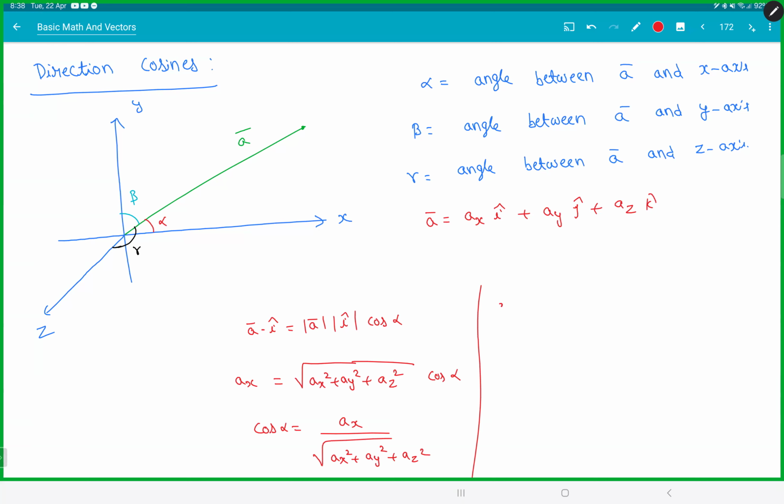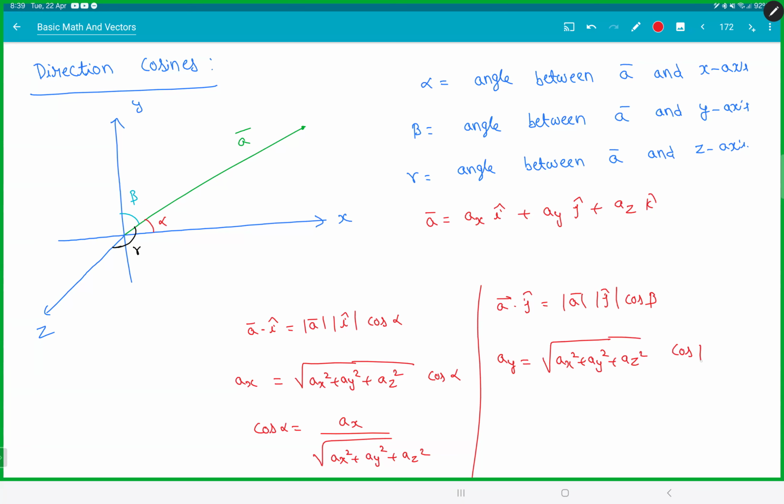Similarly, I can do a bar dot j cap. This is the angle between a bar and the y-axis, so this will be cos beta. This will be ay over root over ax square plus ay square plus az square.